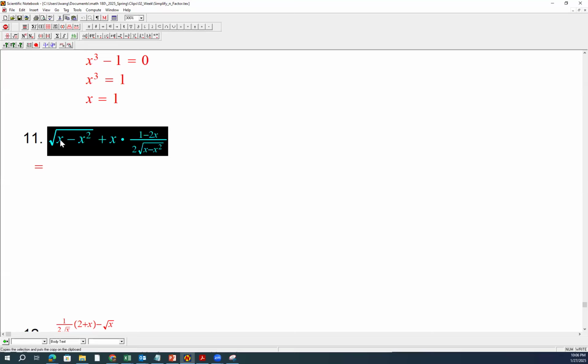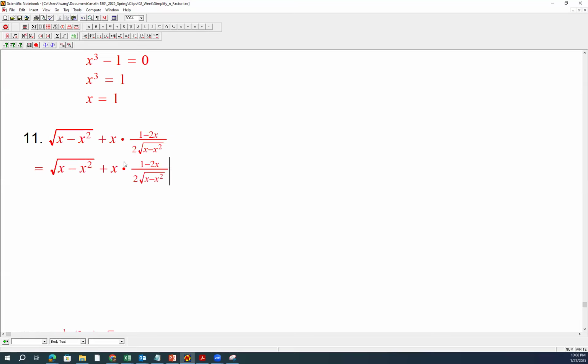The denominator is here, on this piece, right? So I'm going to write down everything here, and this x I'm going to write on the top. This piece doesn't have the same denominator, so we're going to make it as such. Oops, sorry, I just need this piece. That's the common denominator.